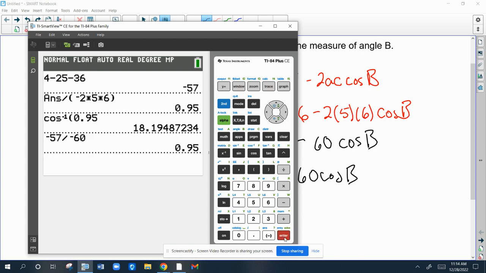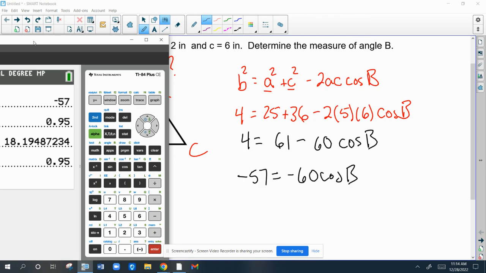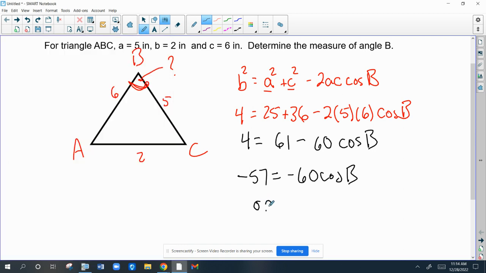And I got 0.95. You can see up top, I got the same thing doing it completely with the calculator. But again, do it however works best for you. Just get it right.